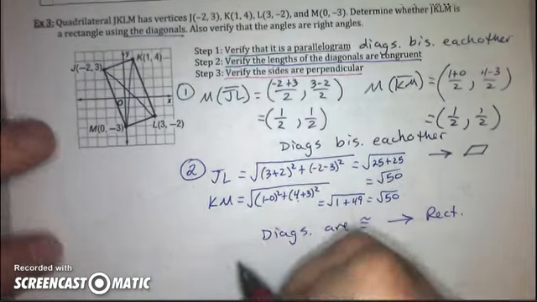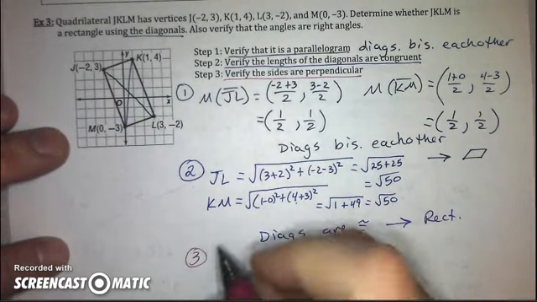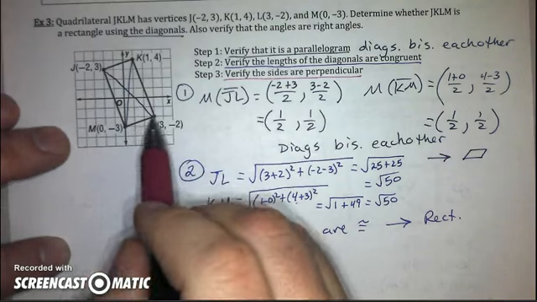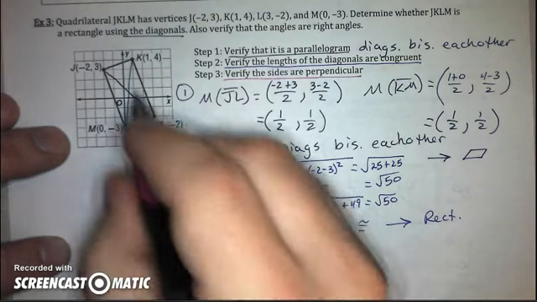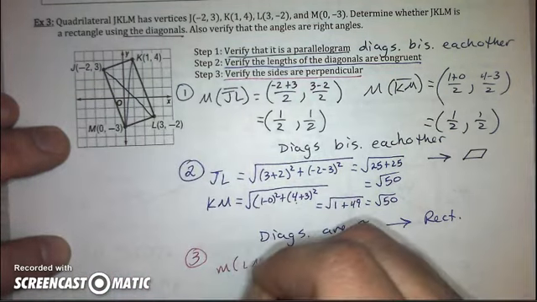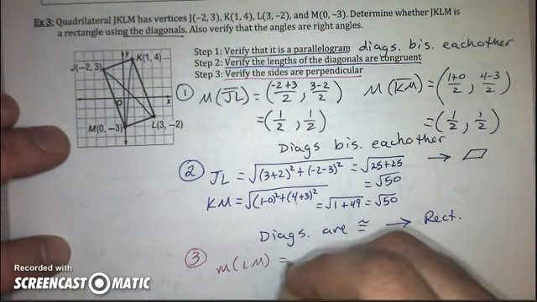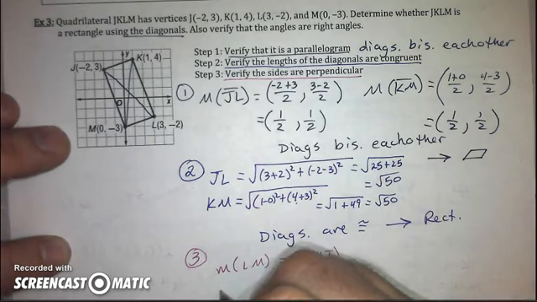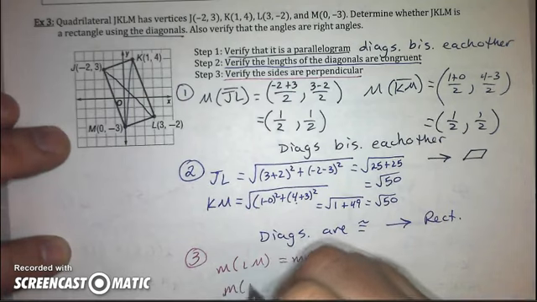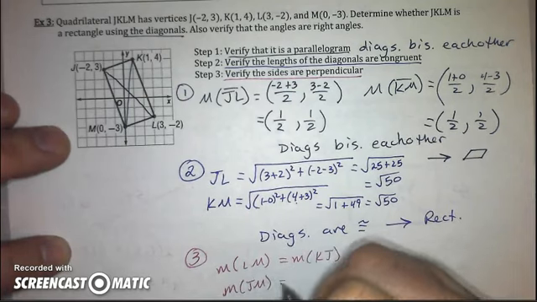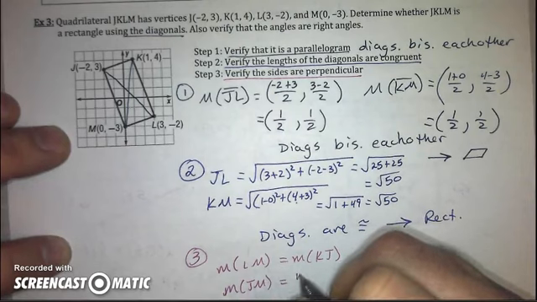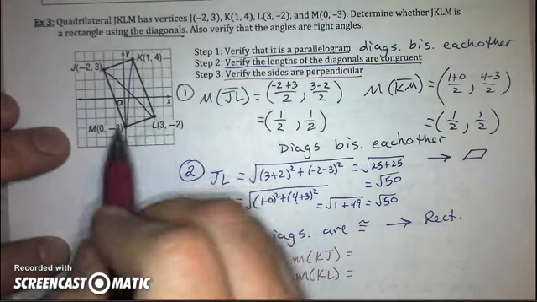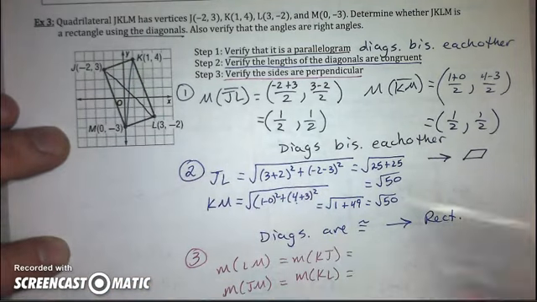So step 3 is to use the slope formula for the sides LM and KJ, which should be the same. And then also for JM and KL. So we're going to use slope for the two parallel sides here, the two parallel sides there.